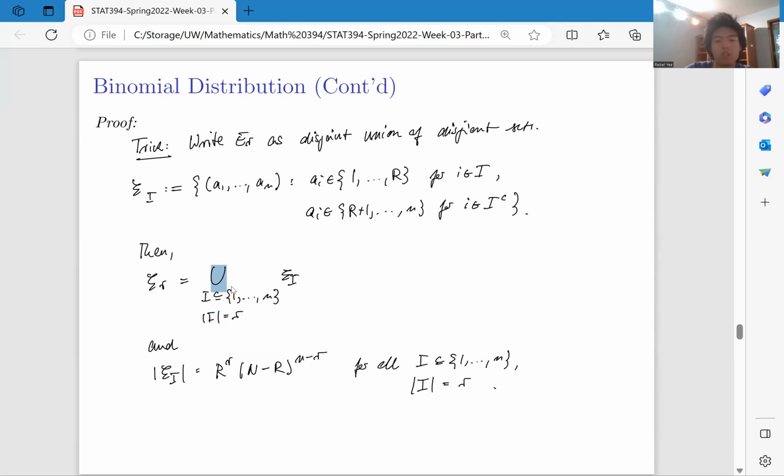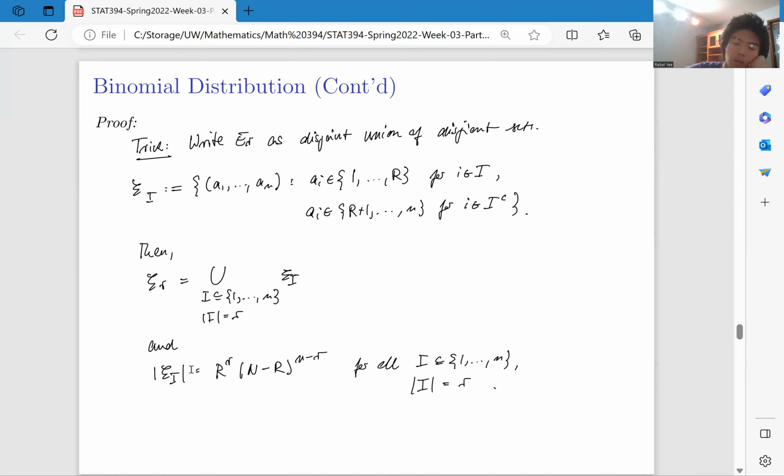So we union all the sets I with cardinality R, and we find the union has cardinality of R to the power of R times N minus R to the power of N minus R, where I is a subset of 1 to N and the cardinality of I is equal to R. How can we interpret this? R is the number of reds.